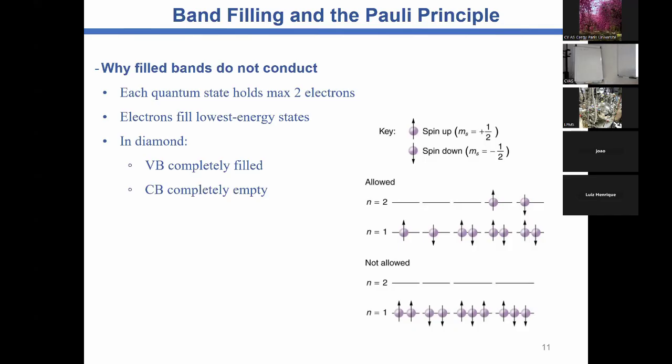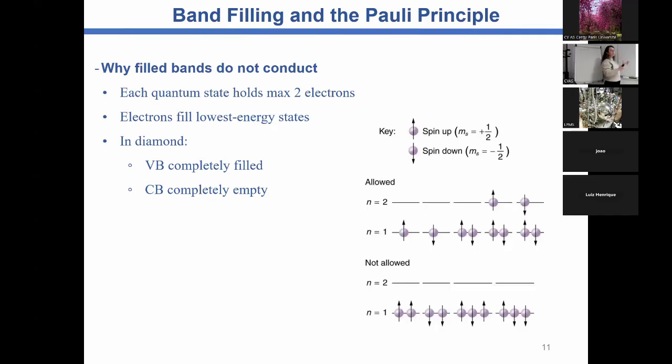One electron can have a spin up, another electron can have a spin down, and they are allowed in the same state if they have one spin up and one spin down.